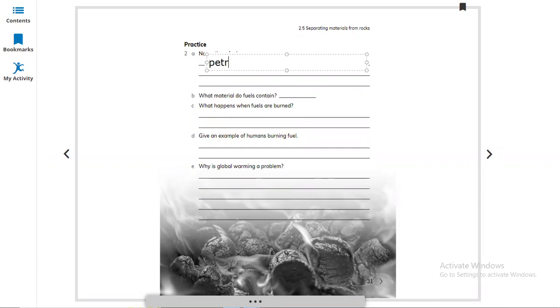Petrol, and you can write diesel, and one more, natural gas, no, oil, it's also fuel.